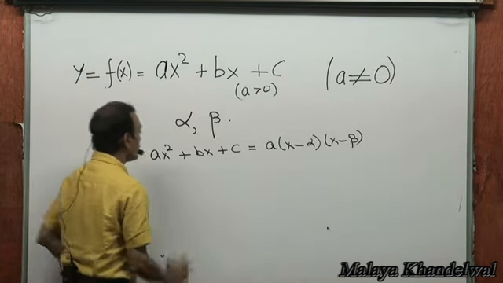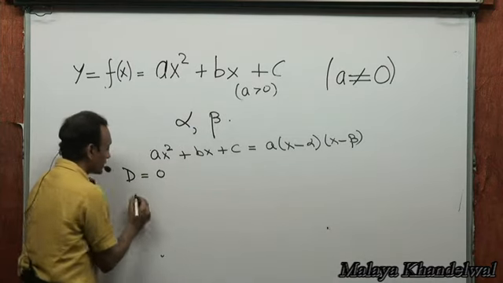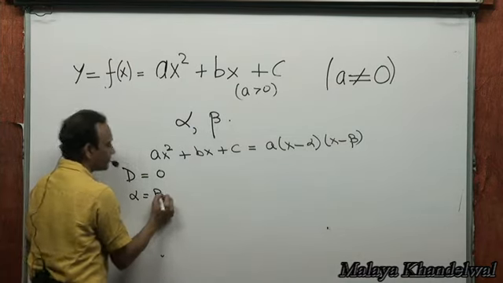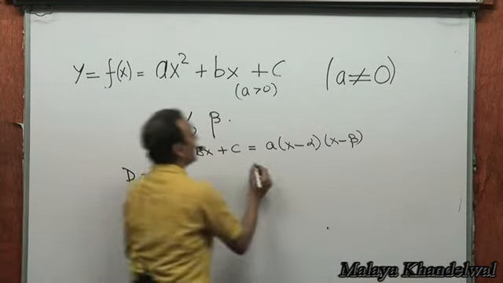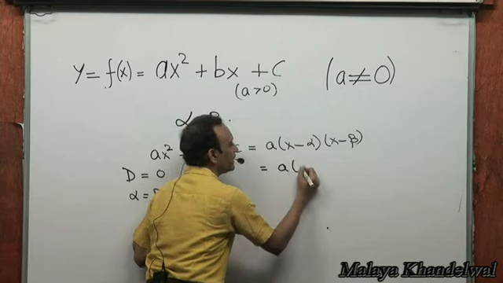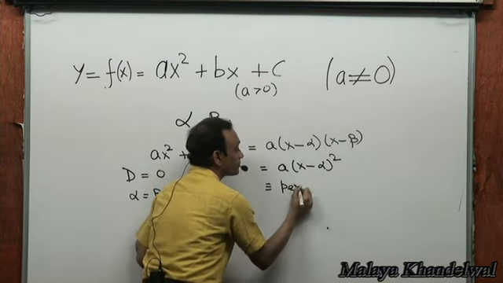Now, if the discriminant is equal to 0, then alpha will be equal to beta. And this will then turn out to be a into (x minus alpha) whole squared, which is a perfect square.